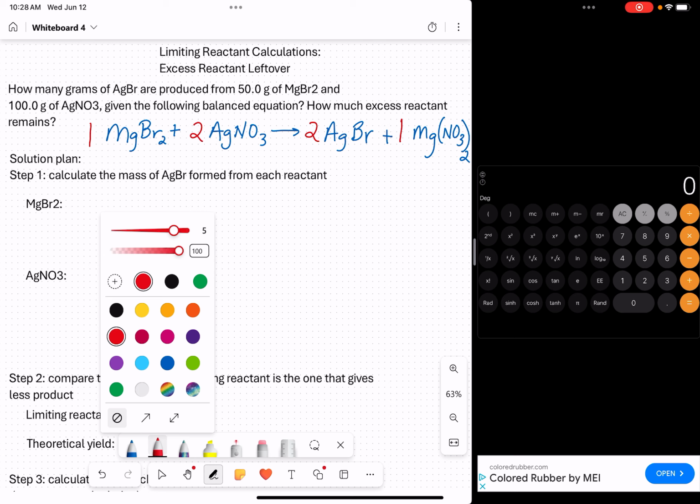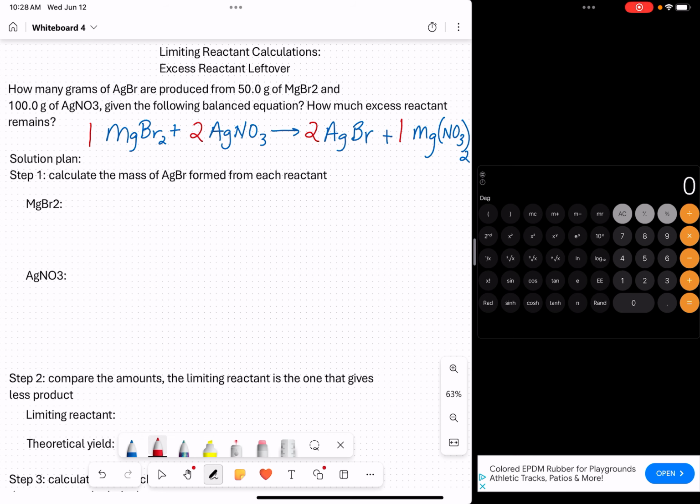So we are given 50 grams of magnesium bromide and 100 grams of silver nitrate. So we will treat each of those separately to see how much product forms using each of those amounts.